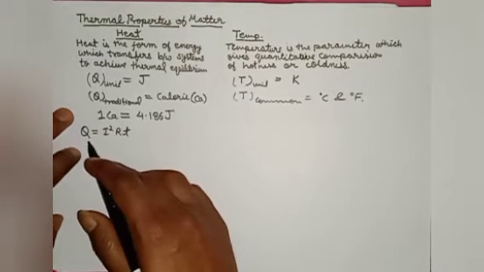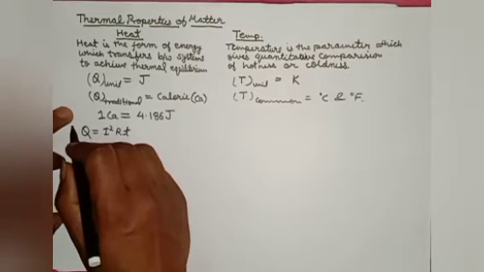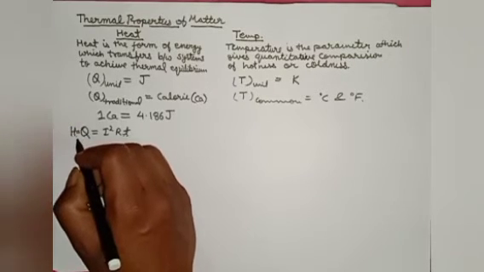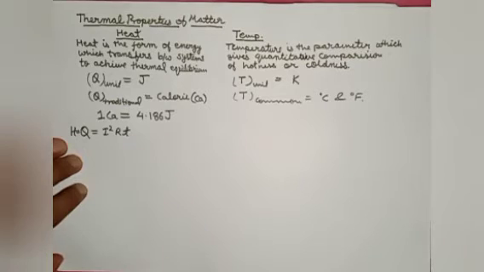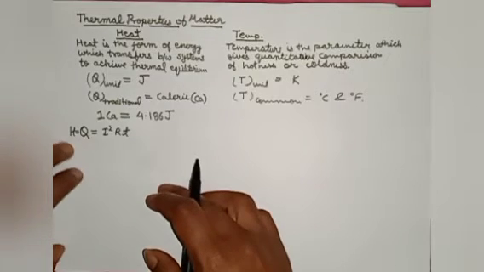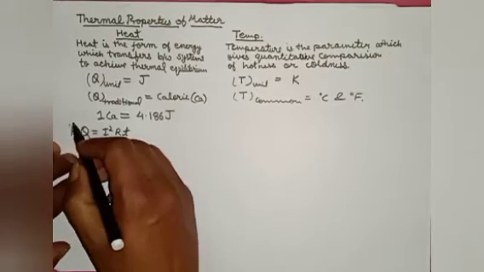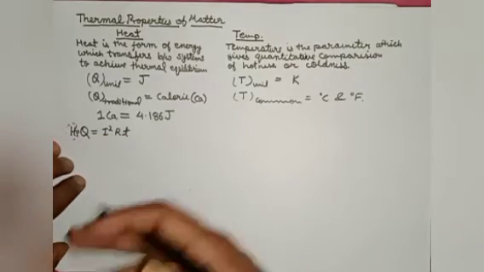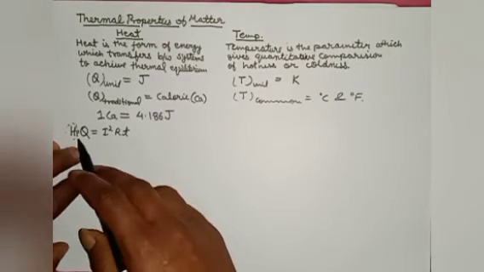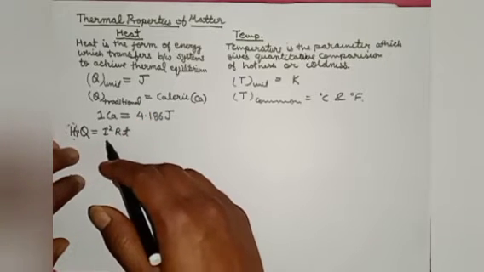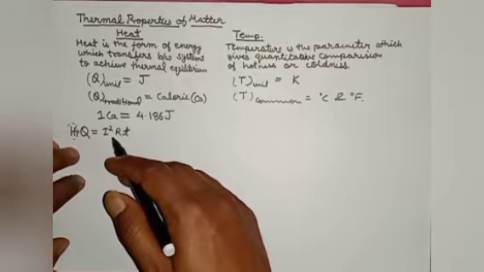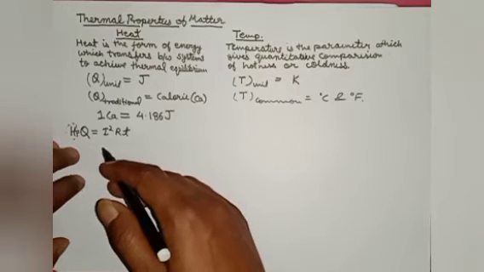At that time we used to write H for heat, because with the alphabet Q we used to express charge also. So H or Q, we will use the symbol Q for heat here. So this was the formula for a heating element.